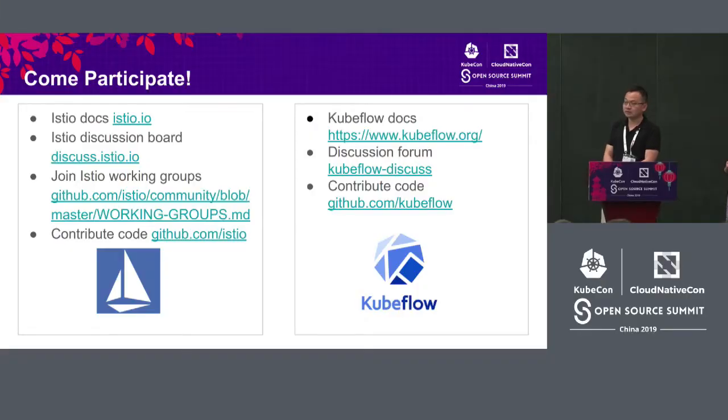That's a great question. Istio is currently at release 1.2, which basically means production ready. But Kubeflow is still at alpha stage. Anyone from the Kubeflow team? So probably we have to wait until after Kubeflow launches 1.0.